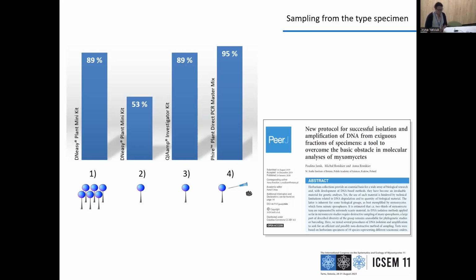This fourth procedure, which turned out to be so effective, is also very quick, very cheap, and very convenient. So we now use it routinely in our laboratory for barcoding of specimens, which is really very fast. And the use of this protocol opened new doors for sampling from type specimens, since it is practically non-destructive. We take only a few spores, which is less destructive than making a microscopic slide.